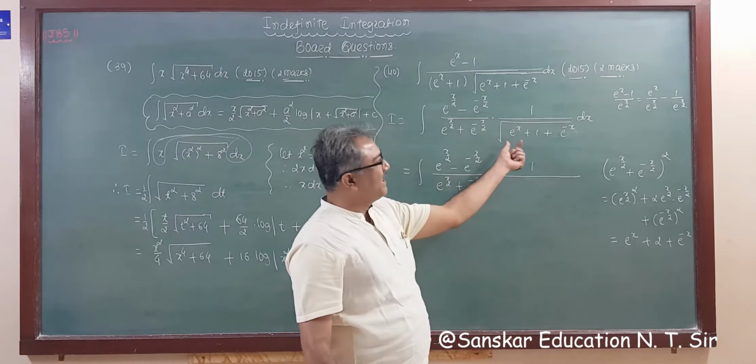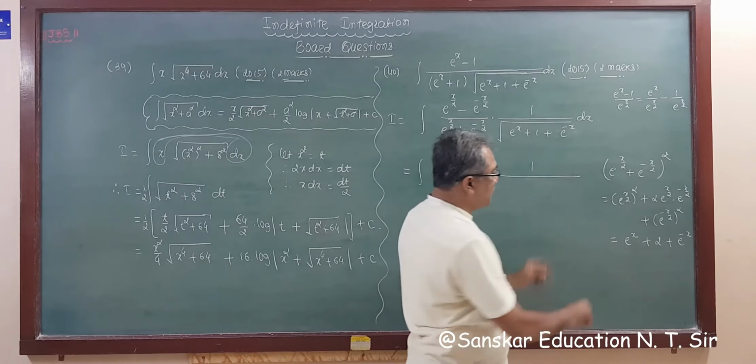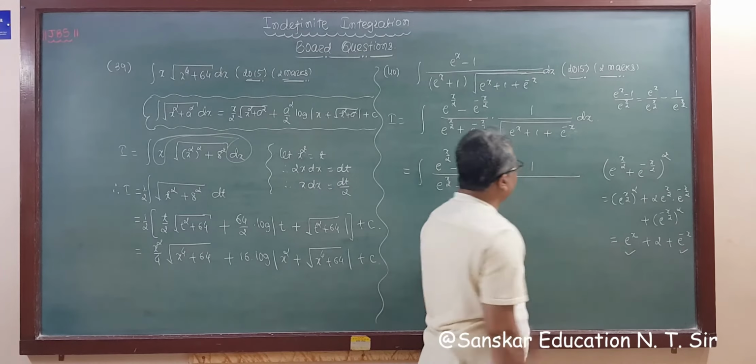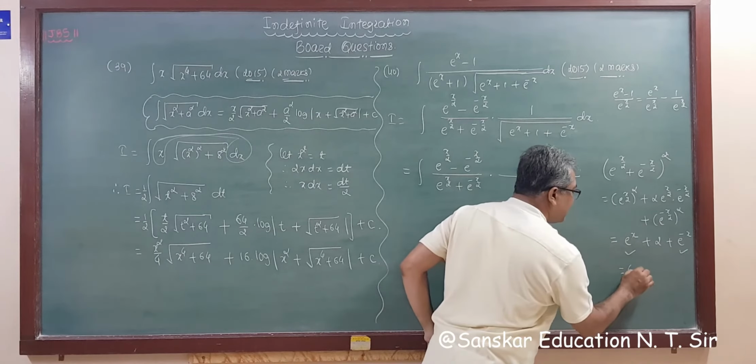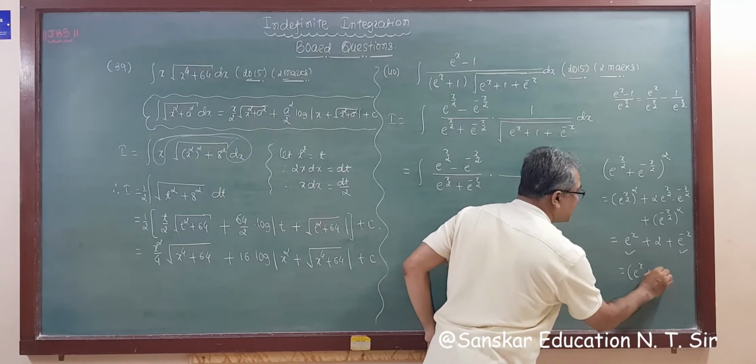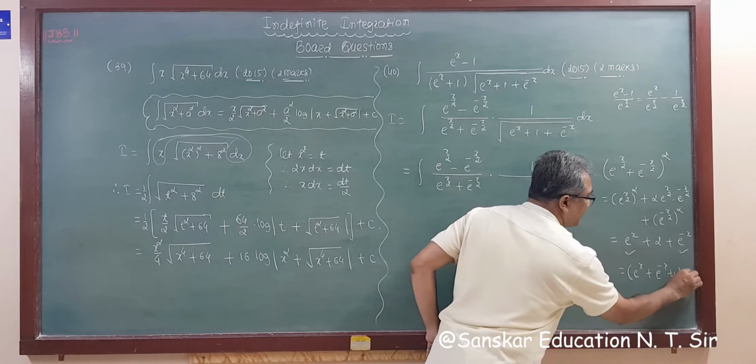So I get another idea. I want to solve this, but it is e raised to x plus e raised to minus x. The e is here, but we need 1. But here is 1. So can I write it like this? This is e raised to x plus e raised to minus x plus 1 and plus 1.